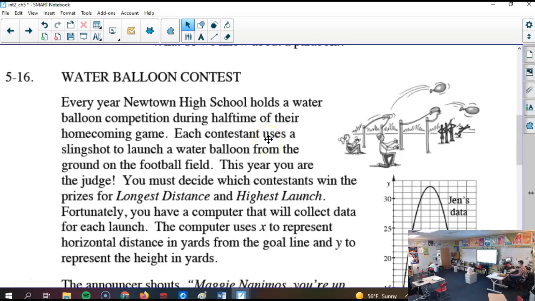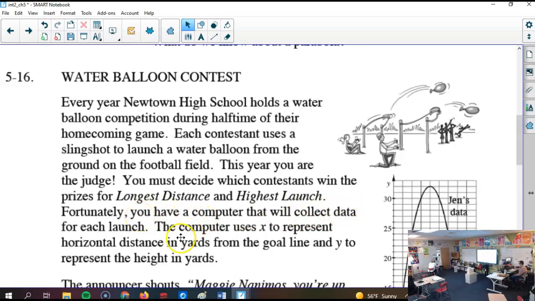So here's the actual setup. Every year, Newton High School holds a water balloon competition during halftime of their homecoming game. Each contestant uses a slingshot to launch a water balloon from the ground on the football field. This year, you are the judge. You must decide which contestants win the prize for longest distance and highest launch. Fortunately, you have a computer that will collect the data for each launch.